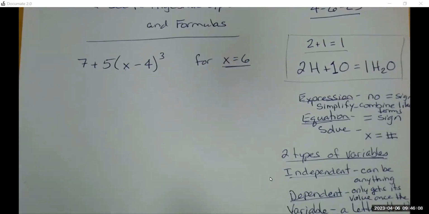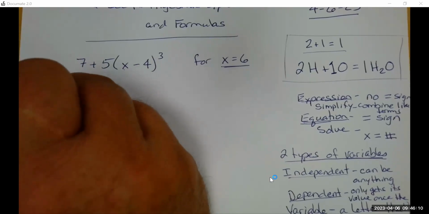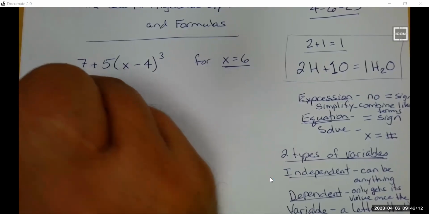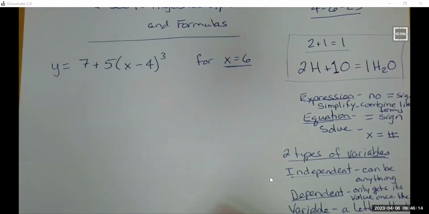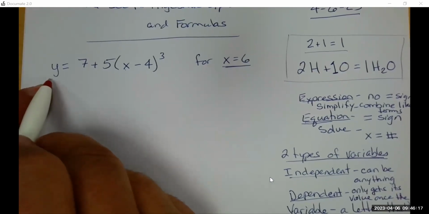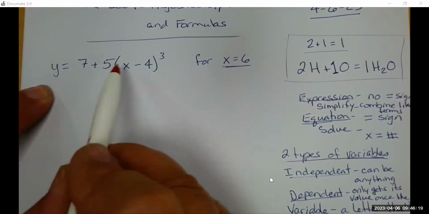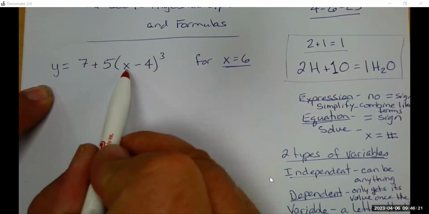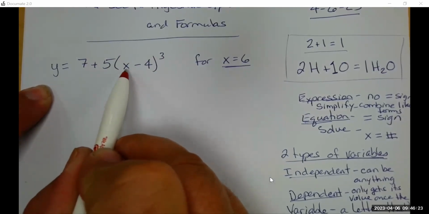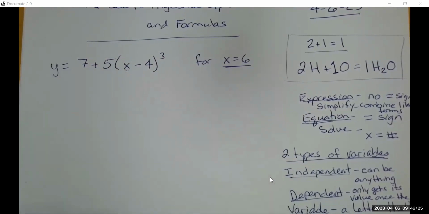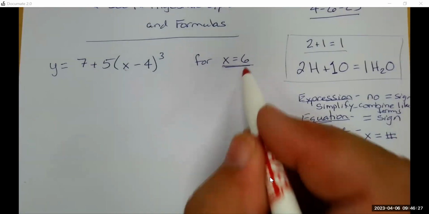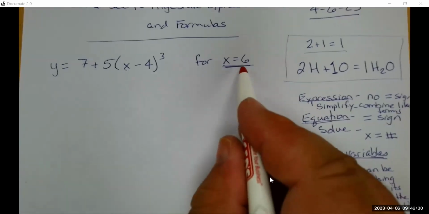So let's say we had an equation here, y equals this. Do we know the value of y? No, we don't know it because we have an equation here. We don't know what happens until we define what x is. That x is the independent variable. We can put any number. Here, we're defining x is 6.